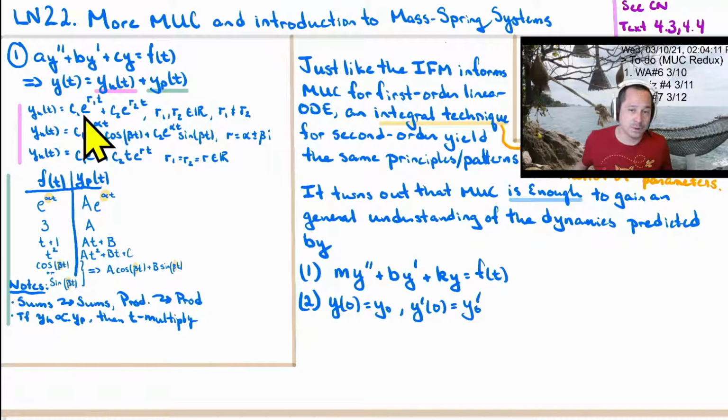One solution where I have an exponential defined by root 1, an exponential defined by root 2, and I linearly combine them. Then the roots could go complex. They'd still be different. They'd be complex conjugates, but I would have a sinusoid representation because of Euler's identity for those complex roots. And so we need to know e to the real part t, cosine imaginary part t, plus e to the real part t, sine imaginary part t.